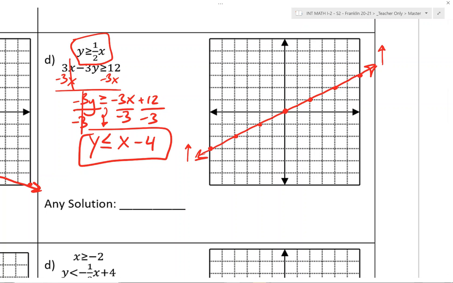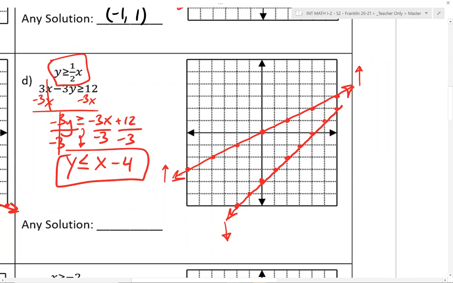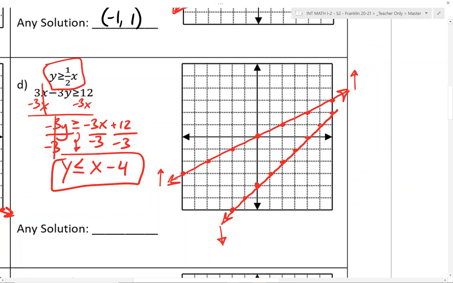Y is less than or equal to x minus 4, starts at negative 4. We're going to go up 1 over 1. It is a solid line, less than or equal to, and it's shaded down. Now here's an interesting thing. You can see on this graph that these regions don't overlap, because this one is shaded down here and this one is shaded up here.